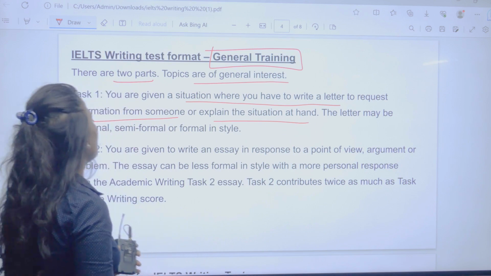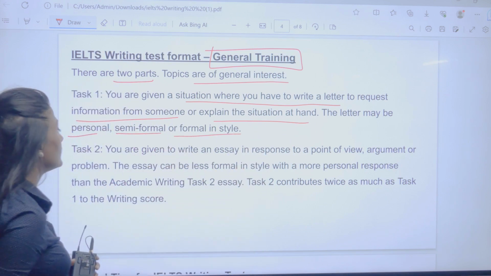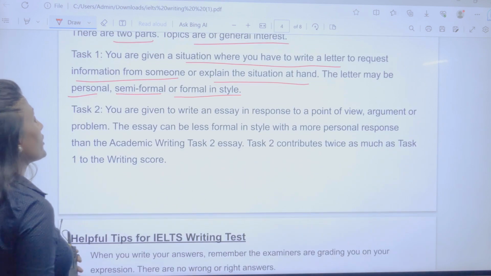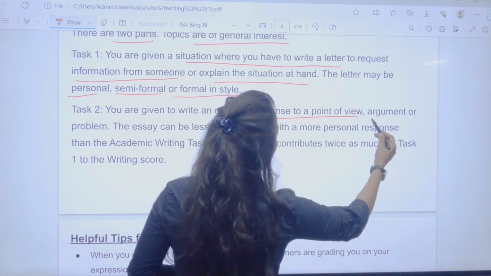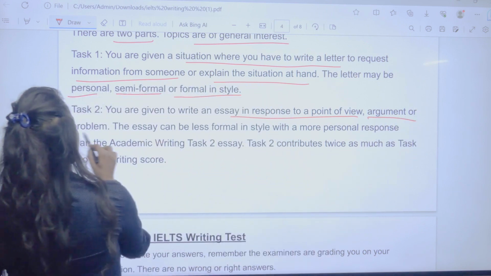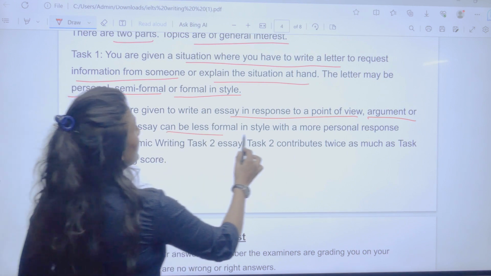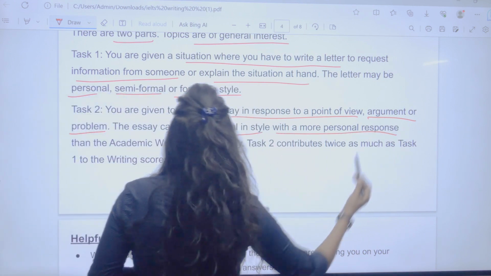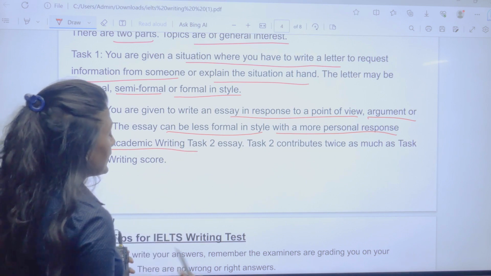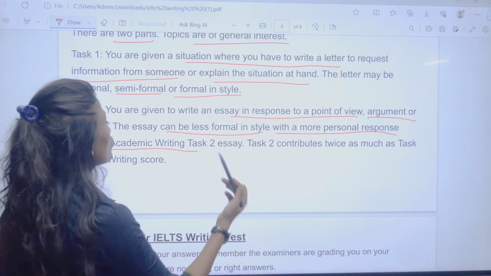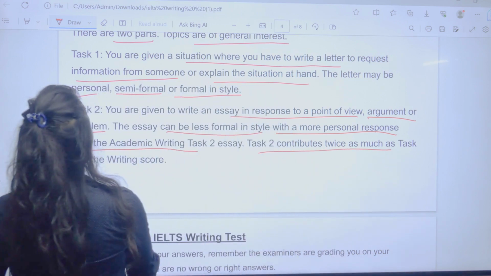So the letter may be personal, semi-formal or formal in style. In task 2, you are asked to write an essay in response to a point of view, argument or problem. So the essay can be less formal in style, with a more personal response than the academic writing task 2 essay.